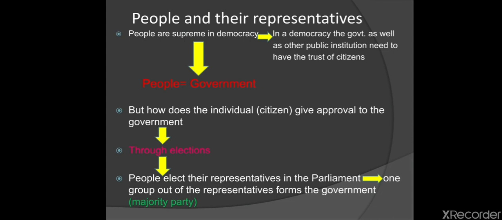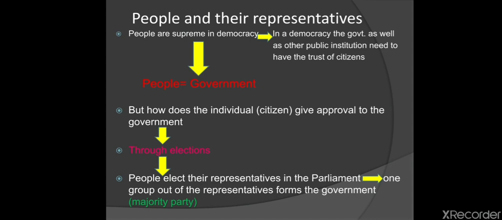For example, from all over India, 14 representatives are from the BJP and 8 are from the Congress. Which is the majority party? Obviously BJP with 14, that is the highest number. So they are the majority party, and that group will form the government.